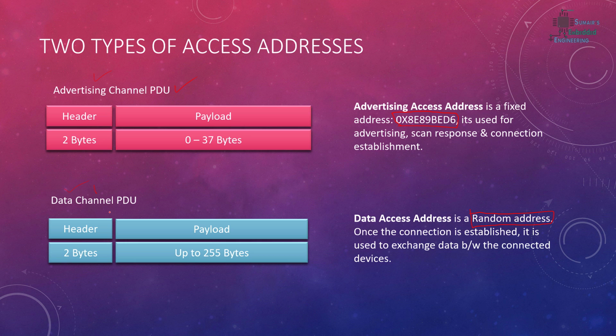For the advertisement we have this number of bytes, and for the data channel we can have up to 255 bytes of data. Because of BLE 5 we have lots of new features. If you want to communicate with older devices, make sure you are using the legacy advertisement and not the extended advertisement. Extended advertisement is good for new devices which are BLE 5.0 or later.